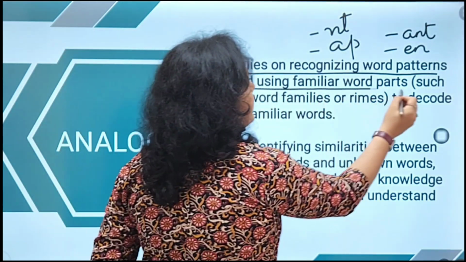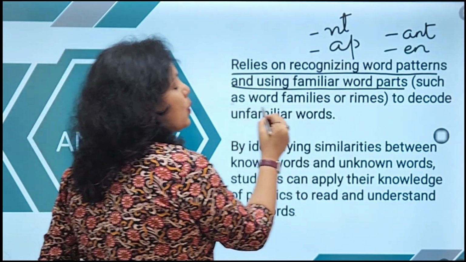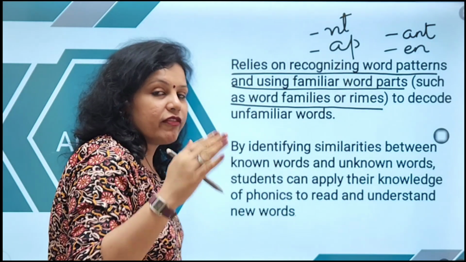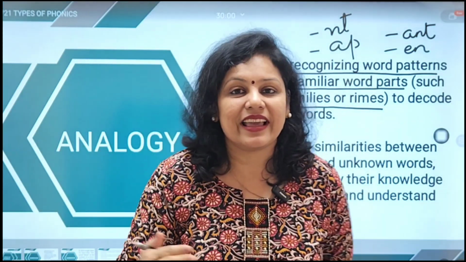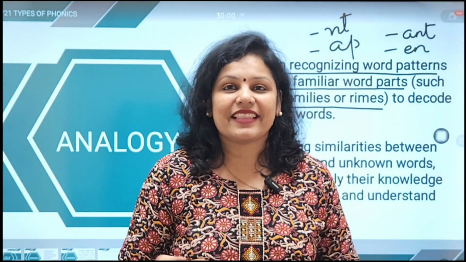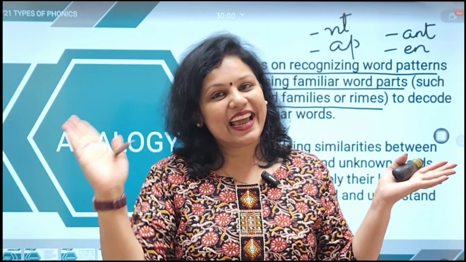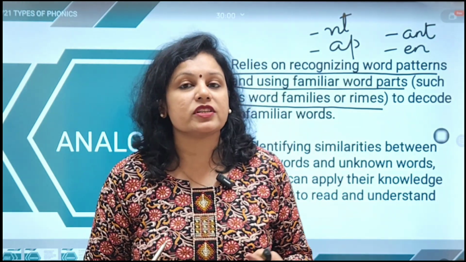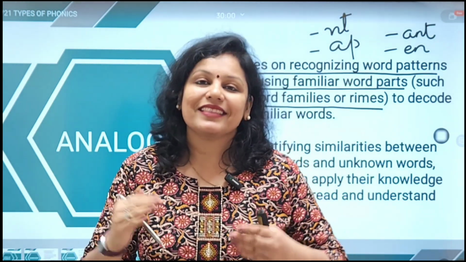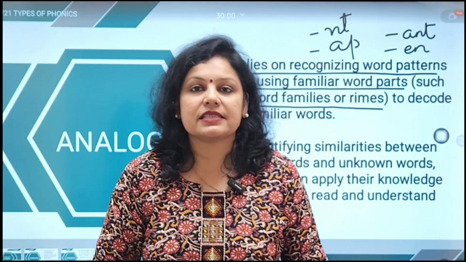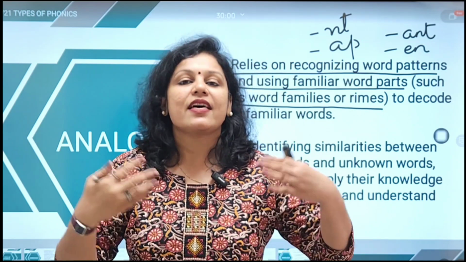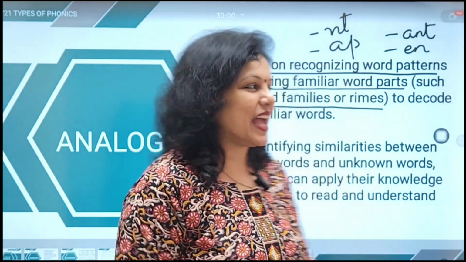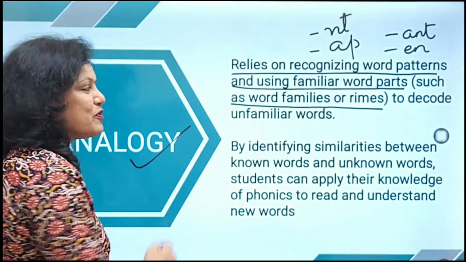And using familiar word parts such as a word family or the rhymes. So we had already done a skill in phonological awareness that we call onset and rime. So whenever a certain type of phonic instruction is dependent upon the rhymes, that is the rhyming patterns, the word families, then we call that instruction analogy phonics.